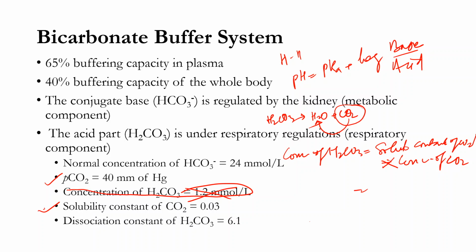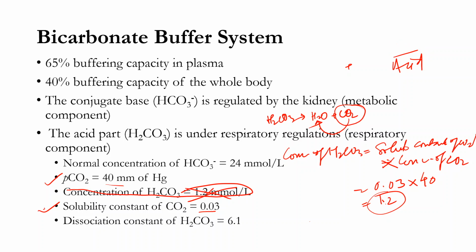The solubility constant is 0.03 multiplied by the concentration, which is 40, so it will be 1.2. So the concentration is exactly the same as when we calculated it. Now we put the same thing in the equation as we did previously, so everything can be calculated and we can get the pH of the solution. So that's how we calculate the pH of a buffer solution.